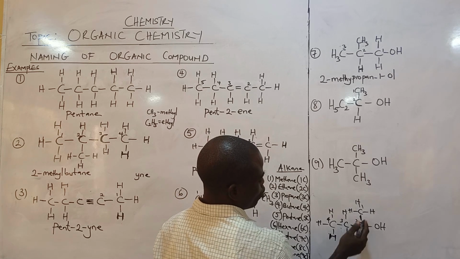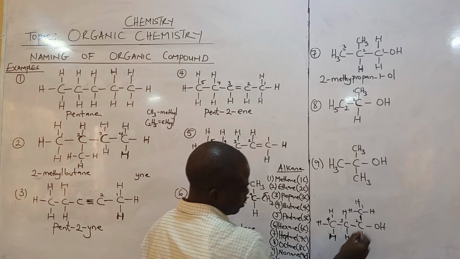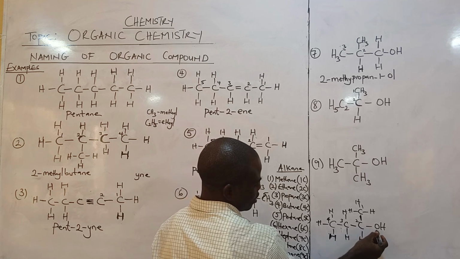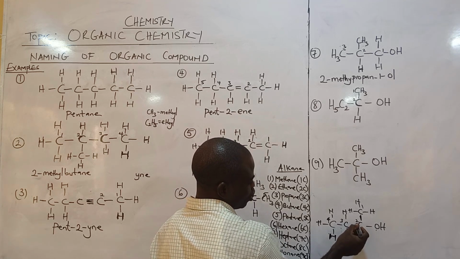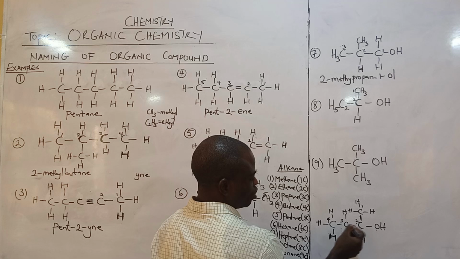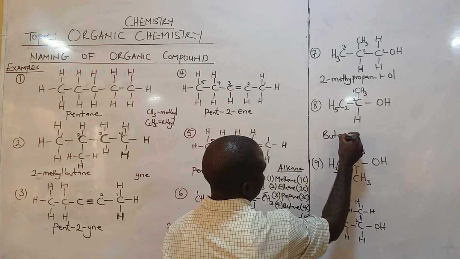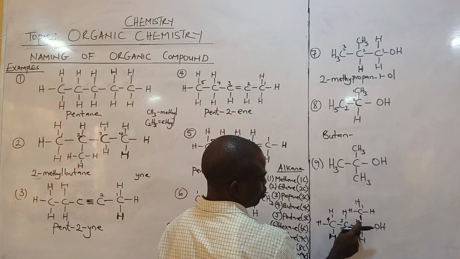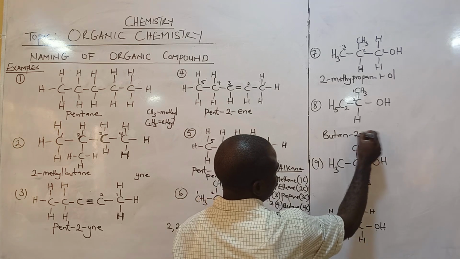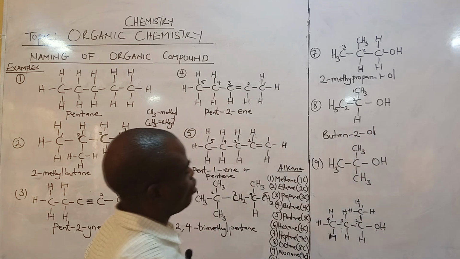That's no. You move like this. You see that the hydroxide is attached to carbon number 2 in this case, and we're looking for the longest chain, and this is 1, 2, 3, 4. That's butane, carbon number 2, butan-2-ol.